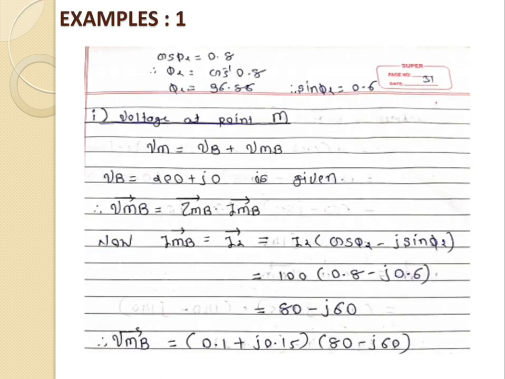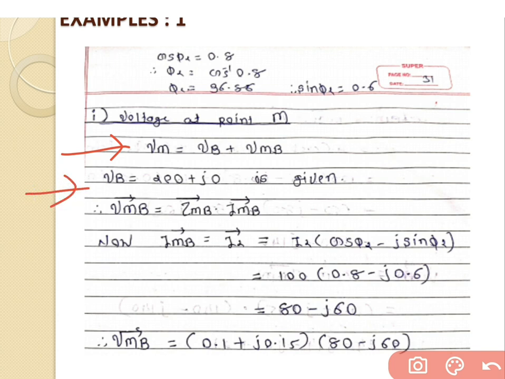Then we can go for the voltage at the midpoint. Vm is equal to Vb plus Vmb. Already Vb, the voltage at the far end, is given as 200 plus j0 in polar form.